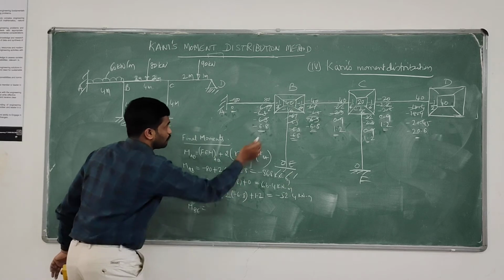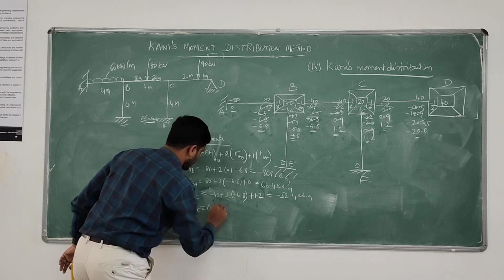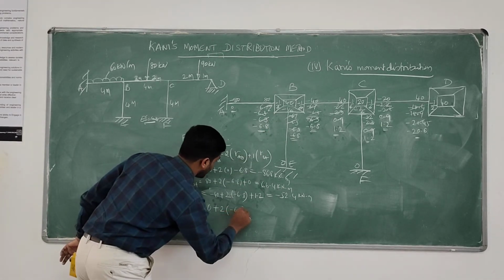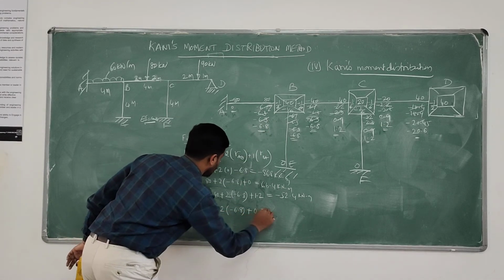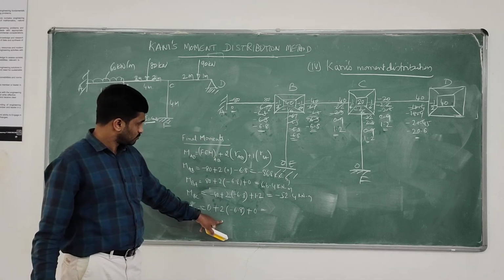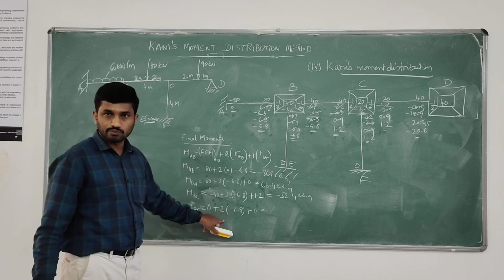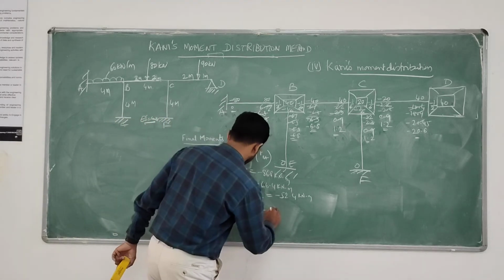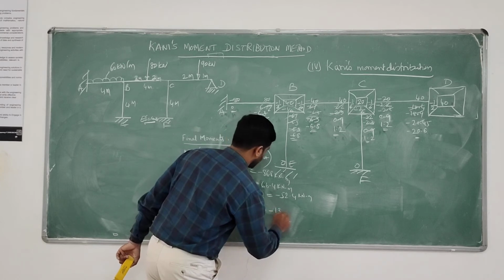MBE. FEM is 0 plus 2 times the contribution of minus 6.8 plus 0. That is 6.8 into 2, 13.6, so minus 13.6.